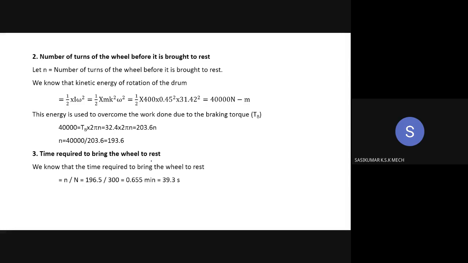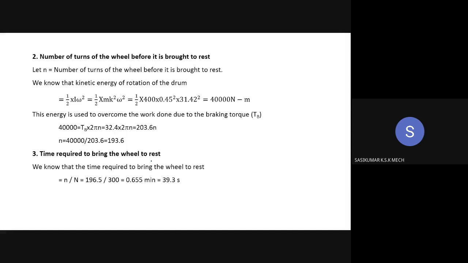And how much time it will take to bring the wheel to rest? The speed you know, that is 300 rpm, and from that you can find how many seconds. That is nothing but small n by capital N, where small n is the number of revolutions and capital N is the revolutions per minute. So in a minute it will make 300 revolutions. For 60 seconds it will make 300 revolutions.